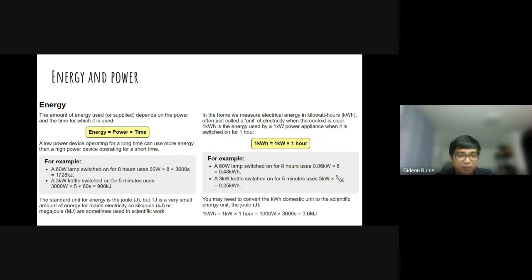Then it was used for 8 hours. That's why we have the value 1728 kilojoules. A 3 kilowatt kettle switched on for 5 minutes uses 3,000 watts times 5 times 60 seconds, which is equal to 900 kilojoules.